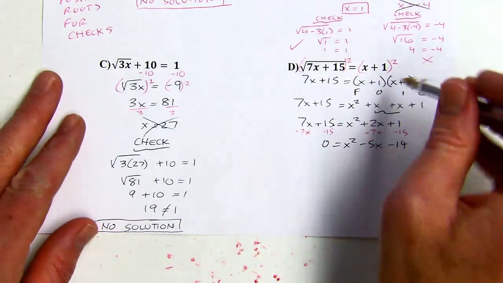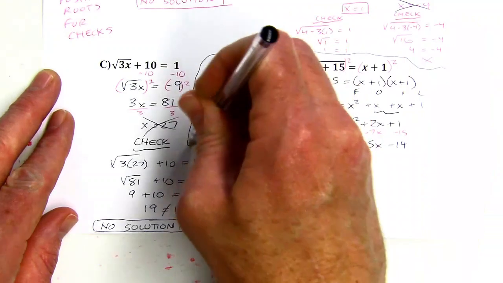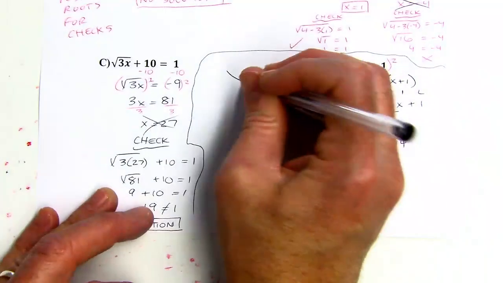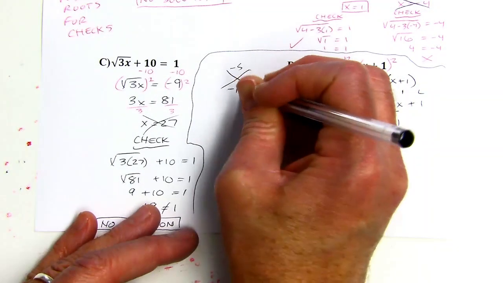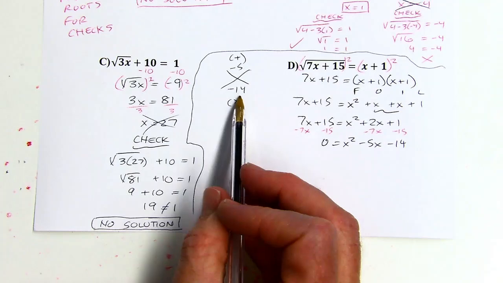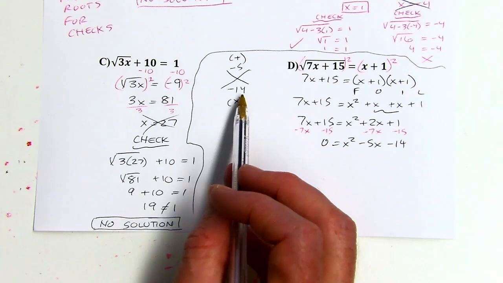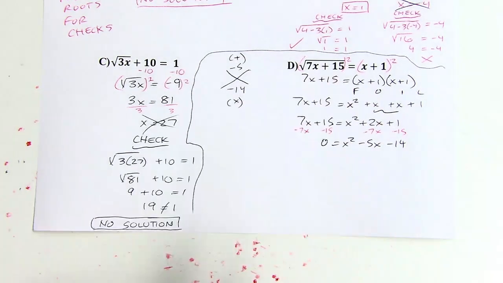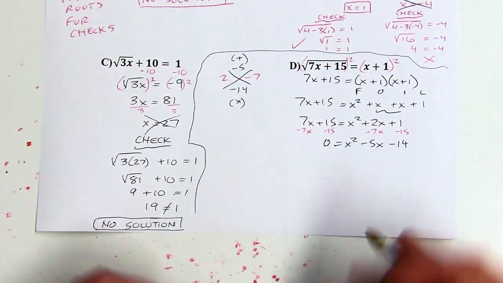All right, I'm going to do a little diamond problem then. I'll just separate it like that to be clear that this goes with this problem. Okay, I'm going to factor this. So I'm thinking 1 and 14, I can't get to a 5 with that, but I can get there with a 2 and a 7. If the 2 is positive and the 7 is negative, that's going to be my winning combo.